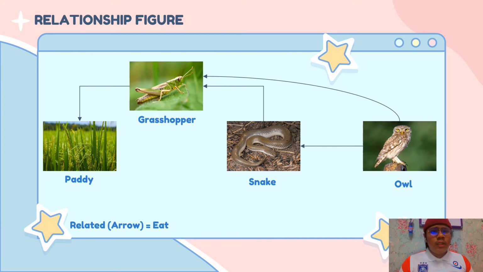We'll move on to the relationship figure. We can see that owl eats snake, and also owl eats grasshopper, and also snake eats grasshopper, and grasshopper eats paddy. From this relationship, we can see the predators eating their prey relate to the transitive relation.